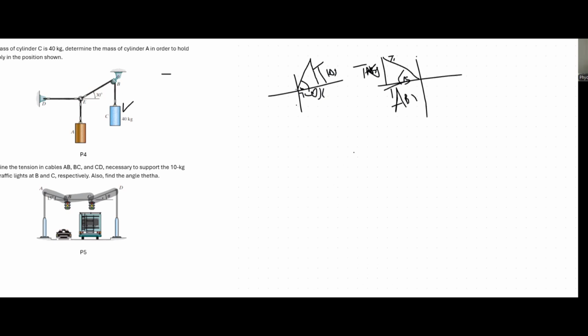So we are going to say the sum of forces in the y direction equals 0. So we say TCD sine 50.